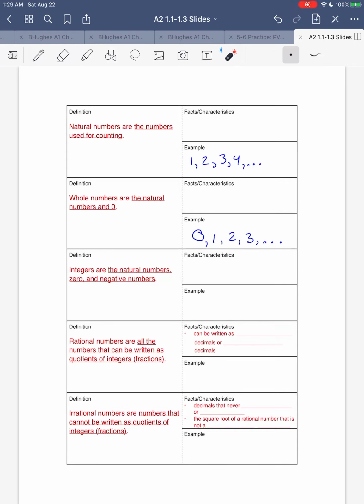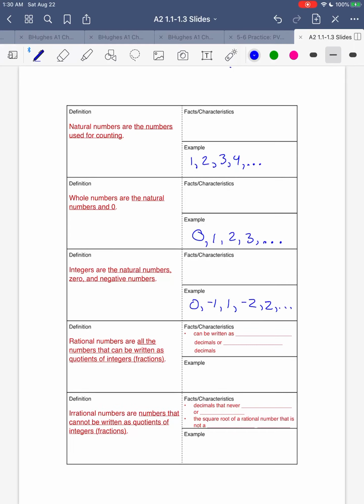When you get to integers, integers include the natural numbers and 0, but it adds one more element. That element is negative numbers. Okay, so now it does include 0, but it's not just the positive numbers, it's also the negative numbers. Okay, so that's one more set or one more dimension added.